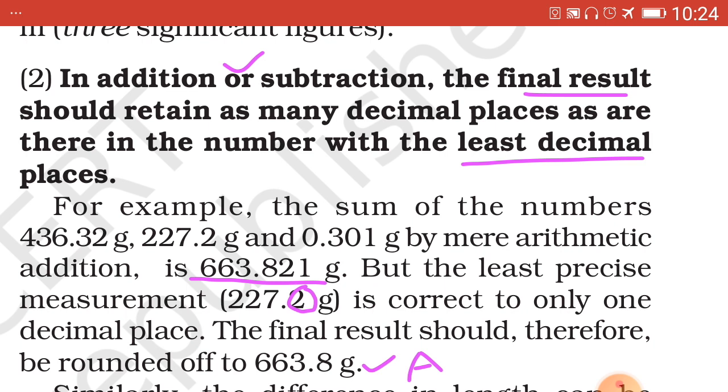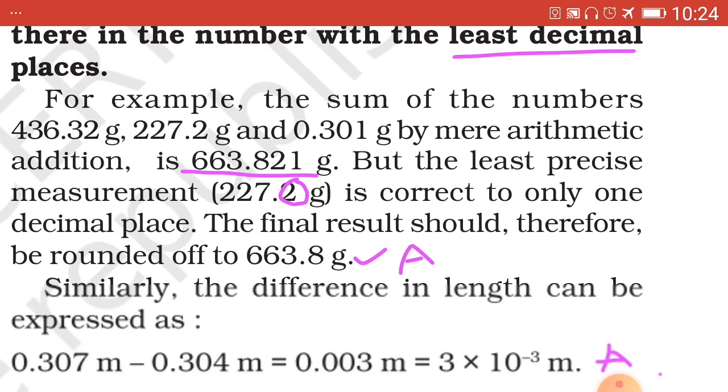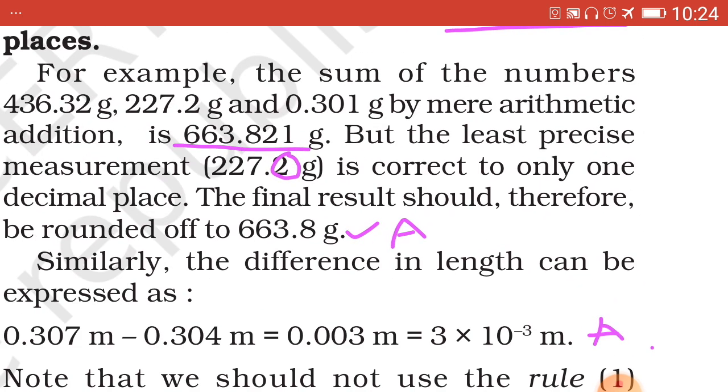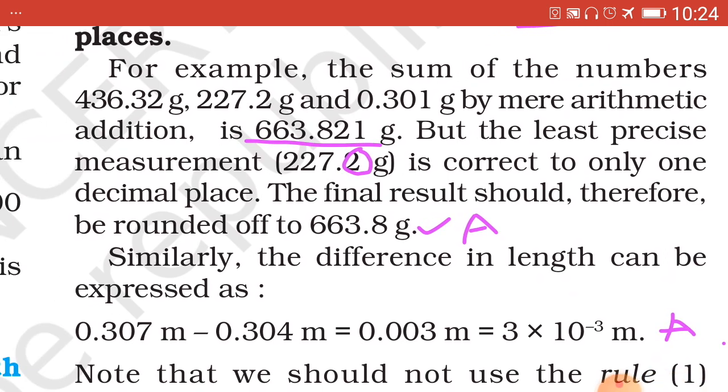Say in the data, out of those 3 numbers, the least precise value measurement is 227.2 gram. Only one decimal place. First one, how many decimal places? 2. That is 3 and 2 are the digits. Last data, 0.301. How many decimal places? 3. That is 3, 0 and 1 are the digits.